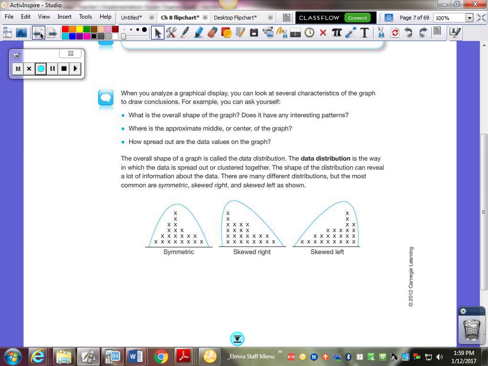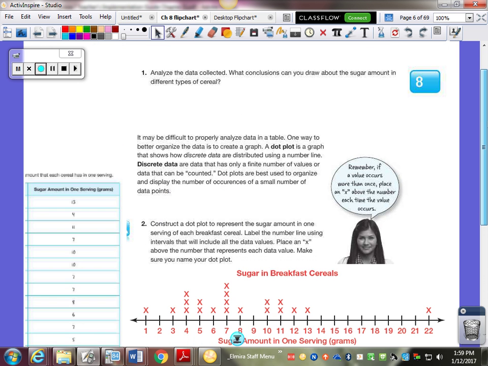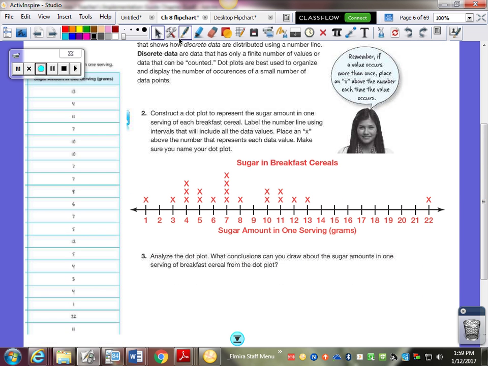So if we go back and look at our sugar dot plot, and we draw a little hill over it, it looks symmetrical right up until we have to draw the hill going all the way out to our outlier, and then we can see that it is skew right. One way to help you remember is to think about which side of the hill is bigger.